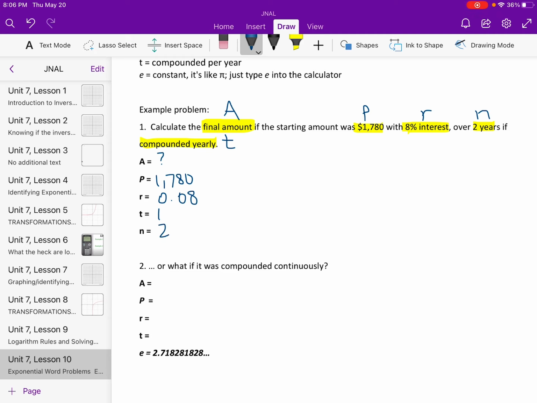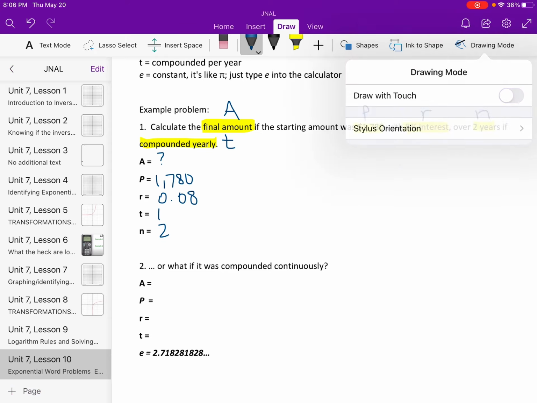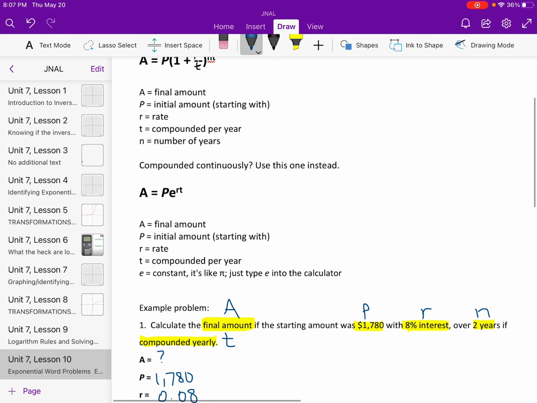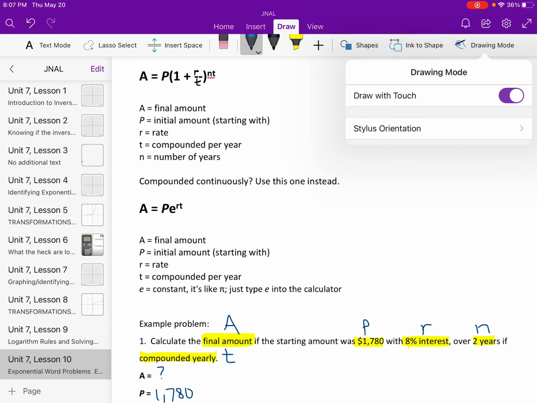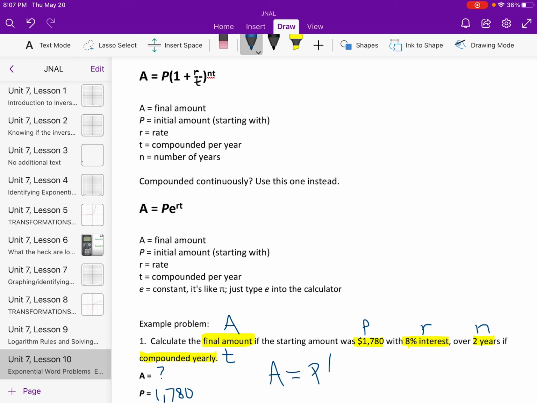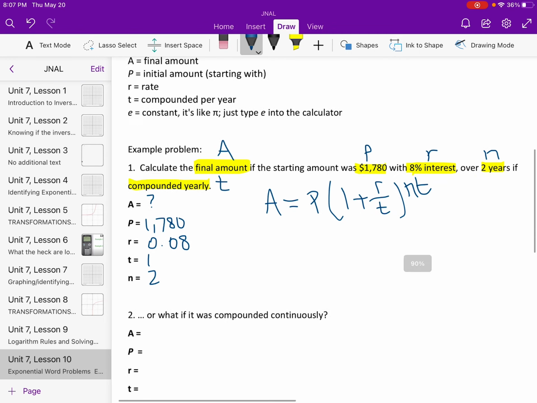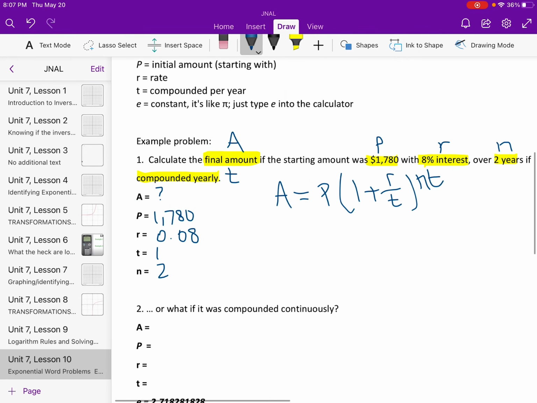Now let's put our equation in here. I'm just going to copy it back down over here: A equals P times 1 plus R over T, to the NT power. Okay, so let's plug in our values. A we're trying to find, so we'll keep that there.